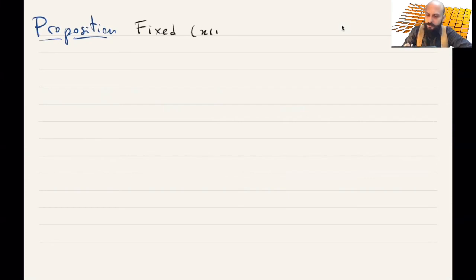So we want to prove the following proposition. Fix (x1, y1, z1) to be the endpoint of a curve in 3D.